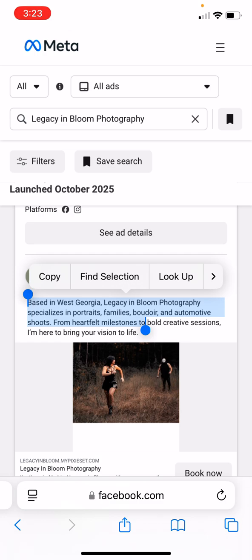So you've got West Georgia here, then the business name, then the solution: portrait solution, family solution, boudoir solution, automotive shoot solution. So now we don't have a who here, and that's a mistake.